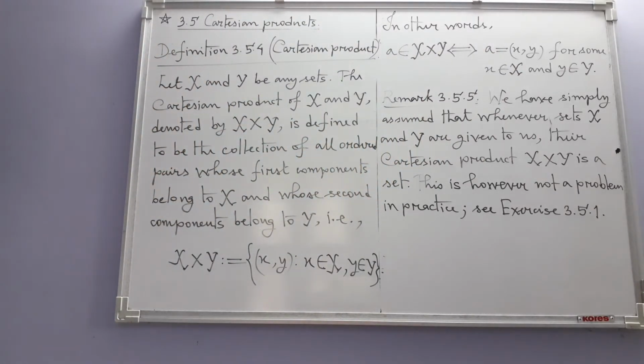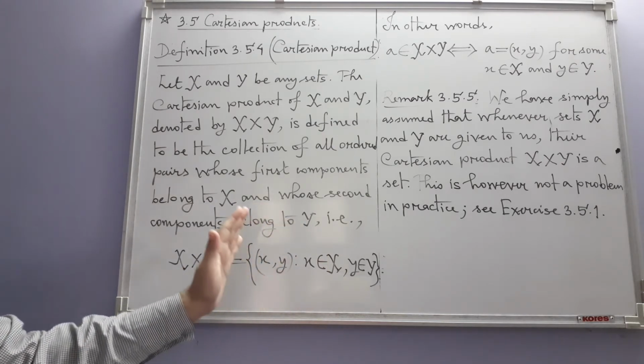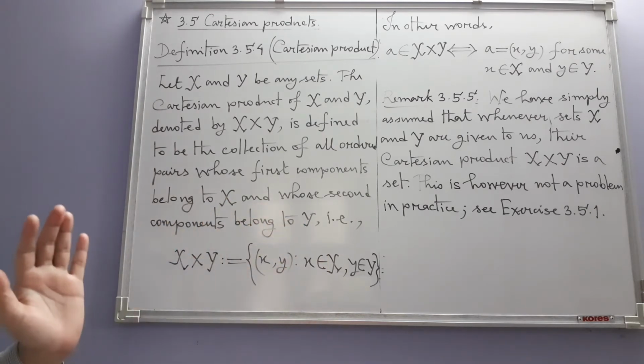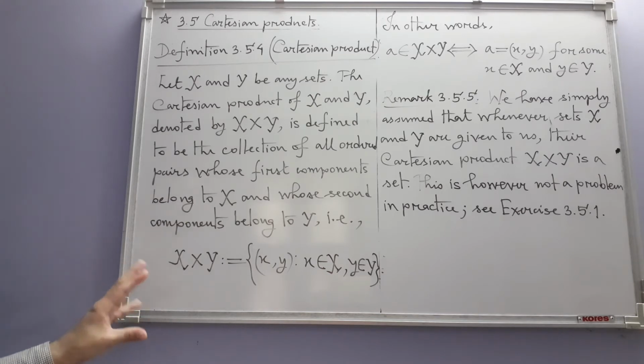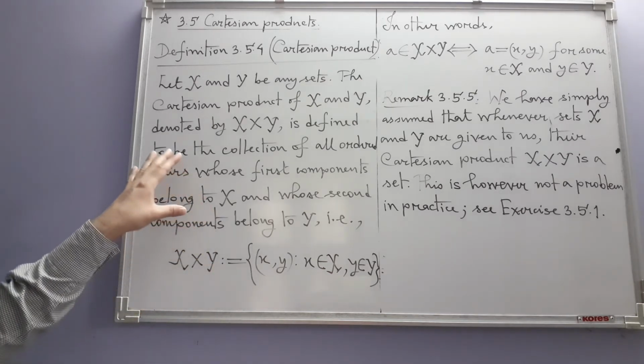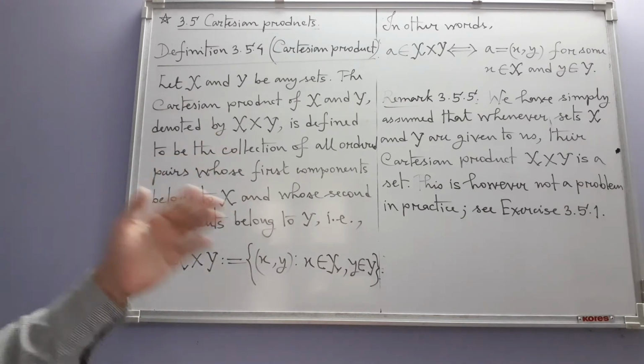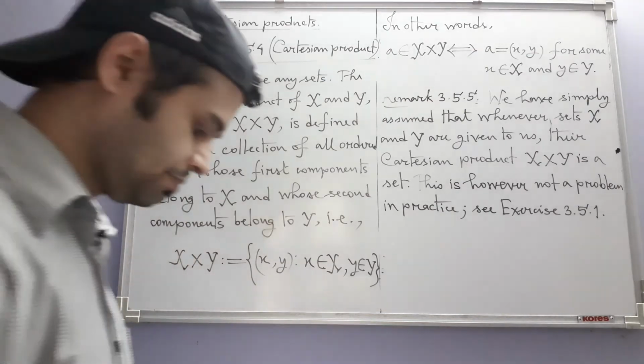Okay, so now having covered this basic definition of Cartesian product of two sets, and having discussed in brief what the problems are about existence of these objects in our set theory, let us now look at an example.